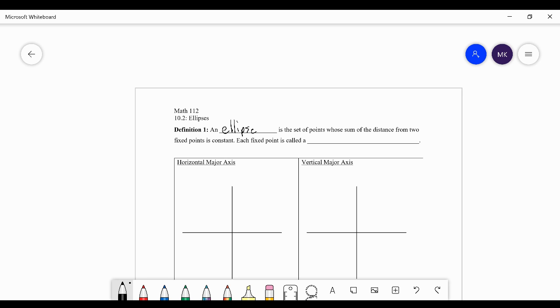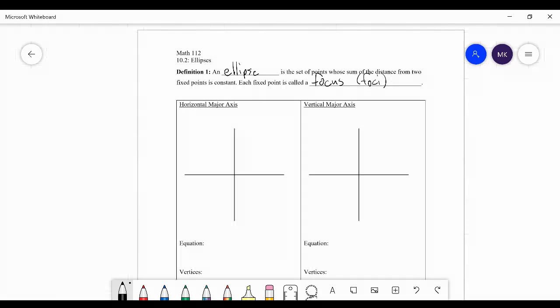Each of those fixed points is called a focus, or if we talk about them as a pair, we say foci.